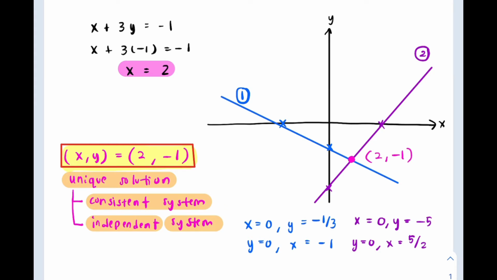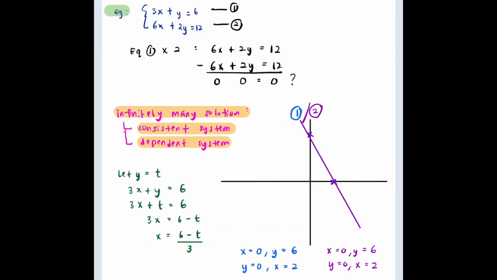Whenever we solve a system of equations like this and find one solution, this is a unique solution. This shows that this is a consistent system and also an independent system. If you want to see this in terms of a graph, both of them are straight lines and they intersect at one point, and that point is (2, -1).